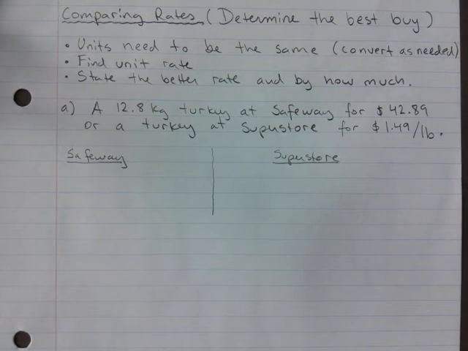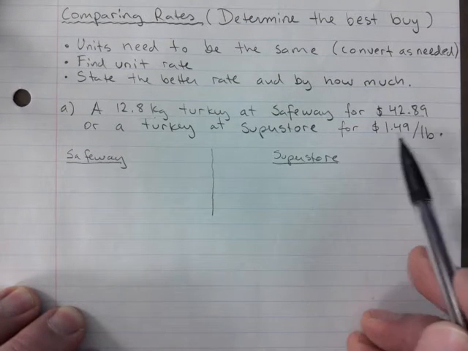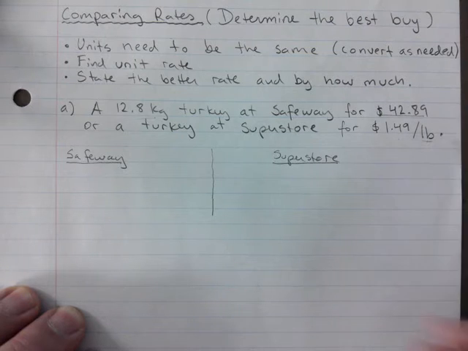Mr. Dirksen's key shows it this way, but I did it this way. And the answer is, as long as you're consistent, there's at least two ways of doing this, right? But the key here is that the units need to be the same. So for example, you have kilograms and dollars, and then you have pounds and dollars. So you can't have that. They need to both be in pounds or both be in kilograms.